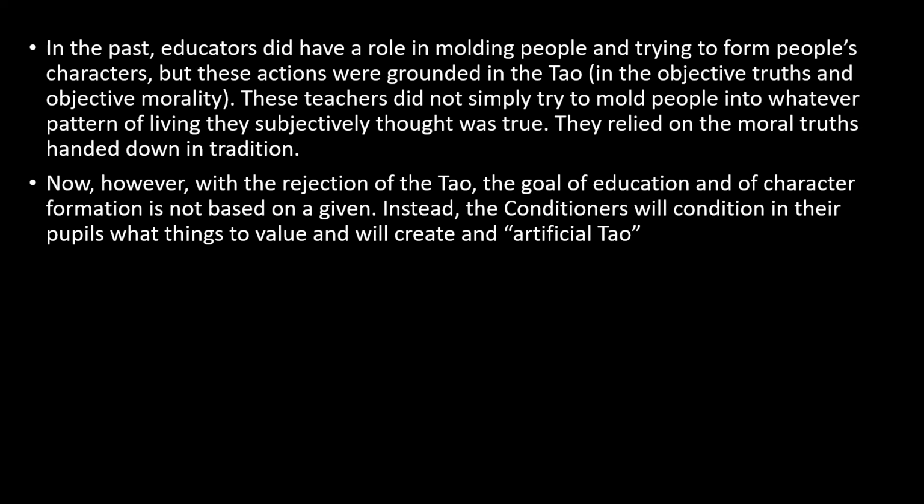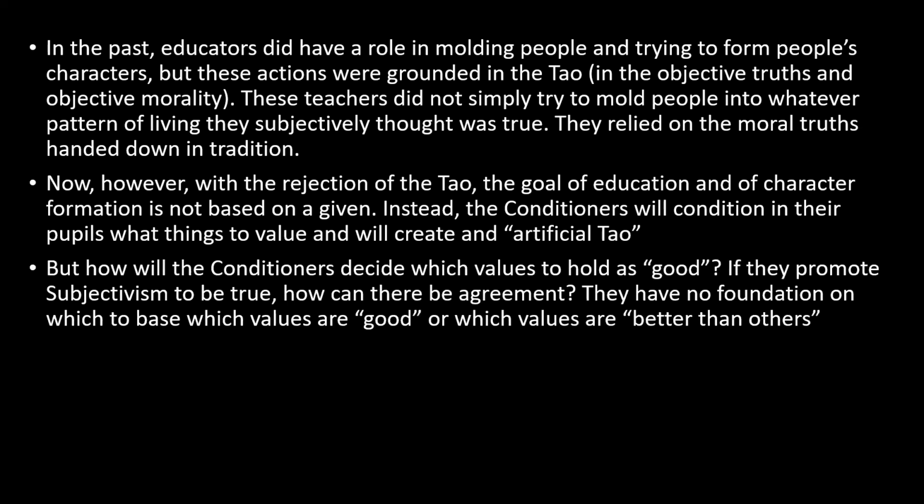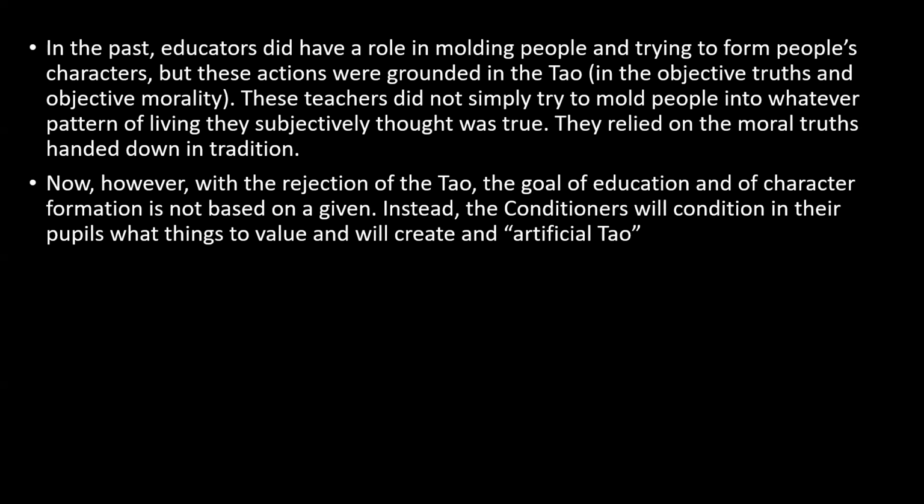They're going to try to persuade the students of what these conditioners believe should be considered right and wrong, based on just these conditioners' own personal preferences and opinions. But because the conditioners will be in power and will have control, they'll be the ones who are essentially dictating what will be taught in education. And so Lewis says, but if this is the case, because this is the only outcome really with subjectivism, is that you have to have these conditioners who have control over the conditioned.